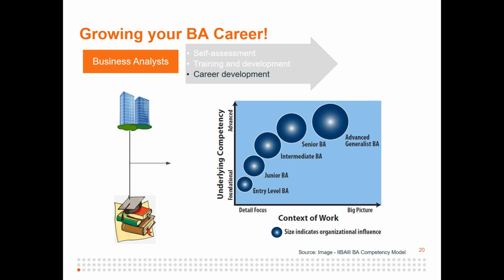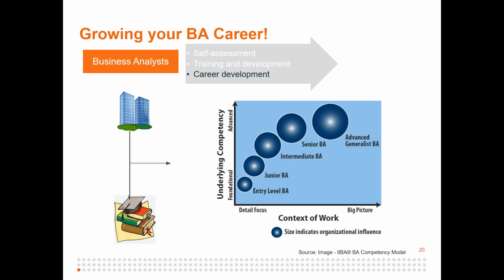And then the third one was building the cathedral, having that big picture thought process and recognizing that tasks are just a means to an end, and the end is the most important. Delivering that value is the most important. So when you're growing your career, understand where you are in your career level, what's expected of that level, and how you need to grow: in the context of work, in the level of influence you have in an organization, and in using those underlying competencies to execute in better ways, with more influence.